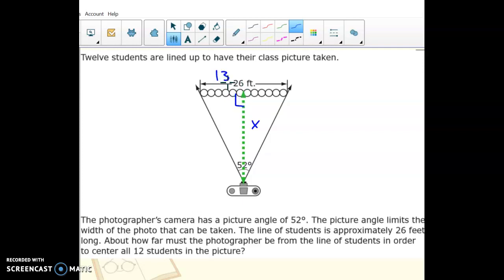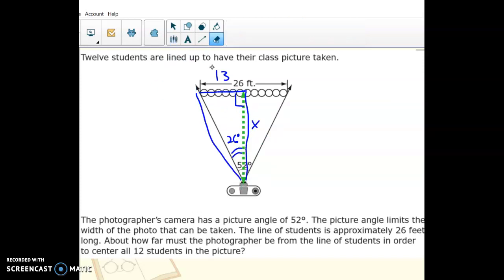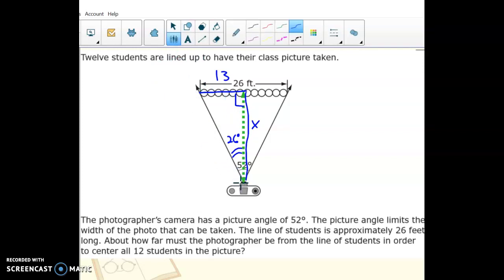So if we do 13 up here, half of the 26, and then x here, we can actually do sine, cos, or tan. The other piece is the angle is not 52, but half of that, 26. So in this little half triangle, we have x on this side, a 26-degree angle, and 13 on that side.